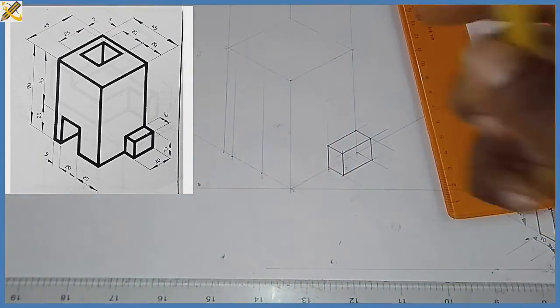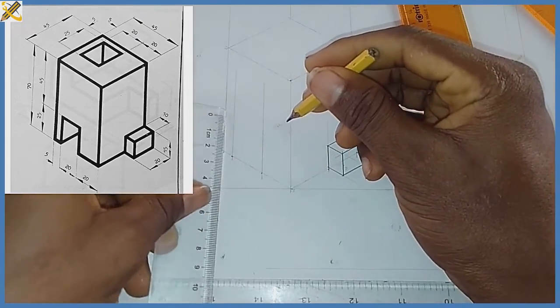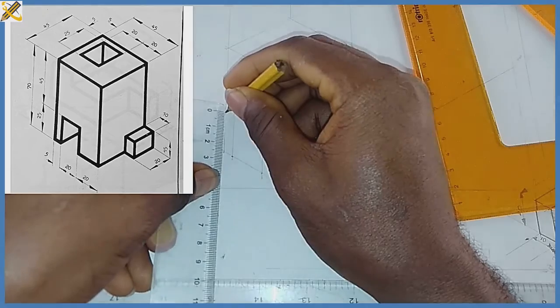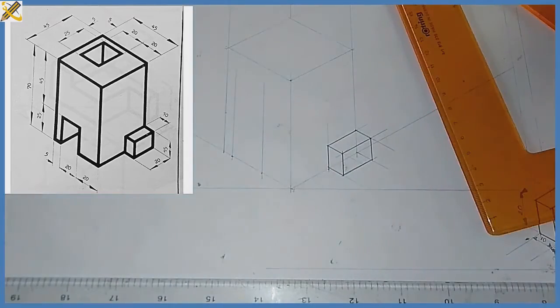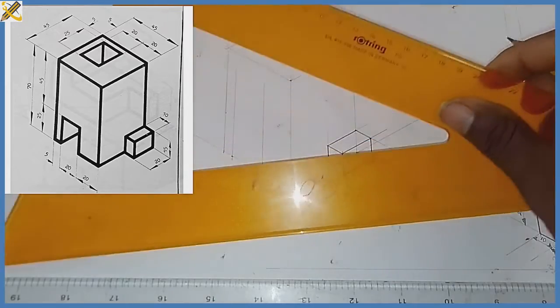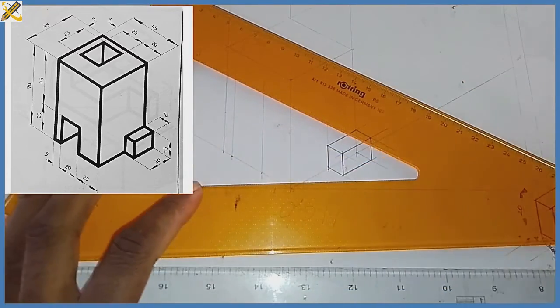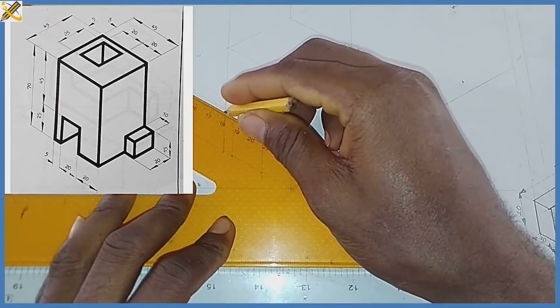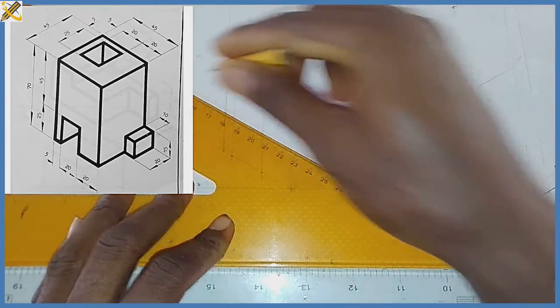All right. So we are told that the height there is what? Is 25. So with my ruler, I measure mark of 25, which is that over there. Having it that way, I'm going to pick my set square. All right. 30-60 degree set square is what we are going to use throughout. At angle 30 degrees, I project this line in this manner.